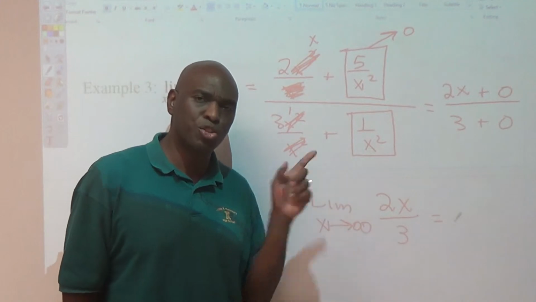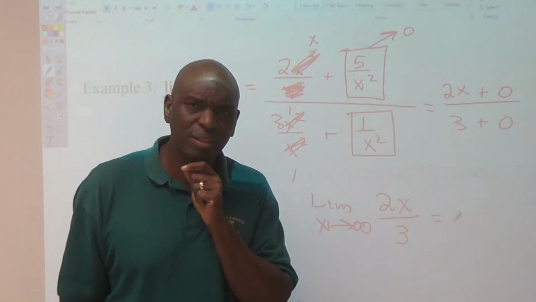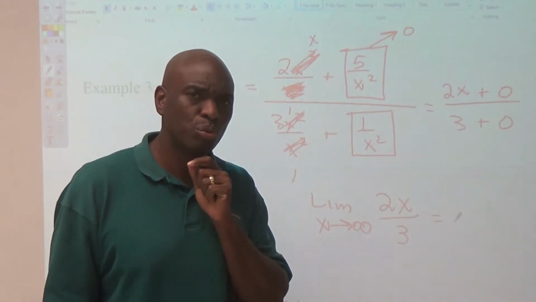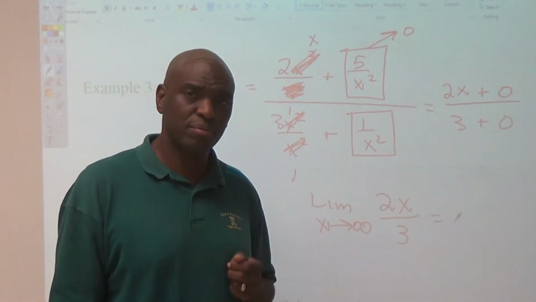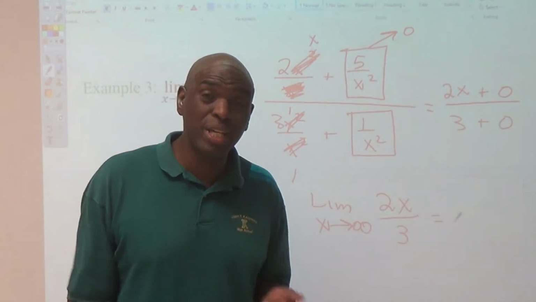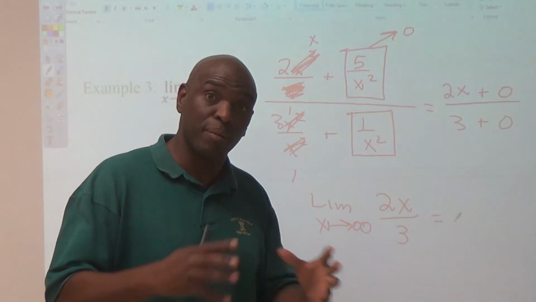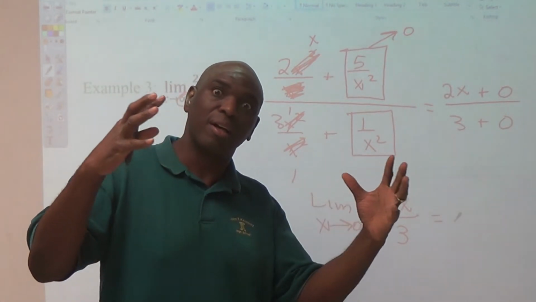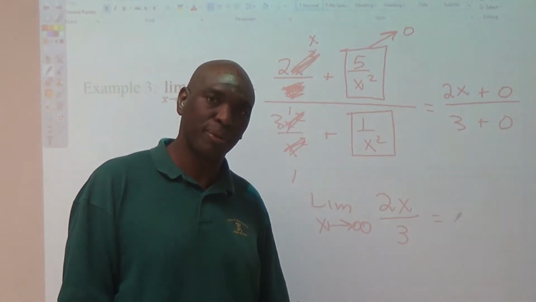Imagine x being 1 trillion. 1 trillion times 2 is 2 trillion. 2 trillion divided by 3 is still what kind of number? Very large. It's a large number.